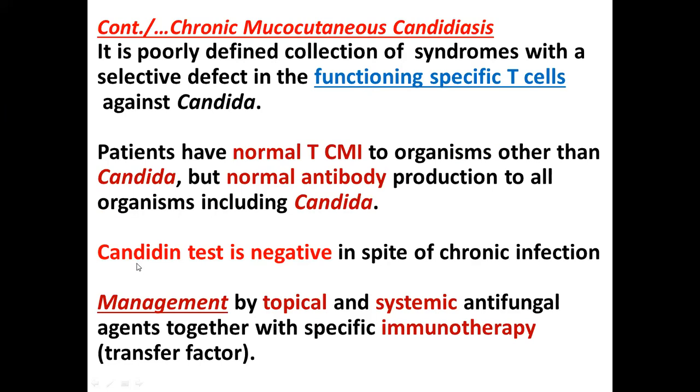So when you do a candidin test, which is similar to the tuberculin test but here you use candida antigen, it is negative in spite of long infection. Management is topical and systemic antifungal, and you can use immunotherapy, a transfer factor, just to control the infection by candida.